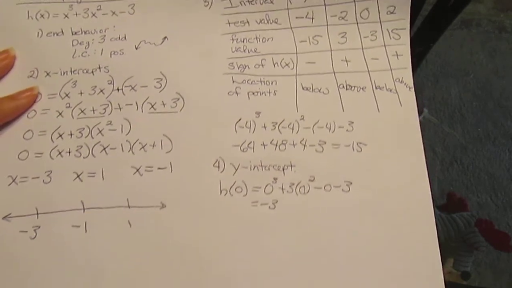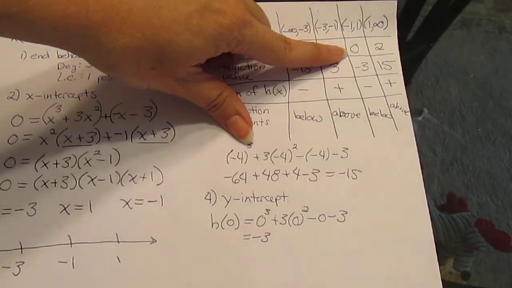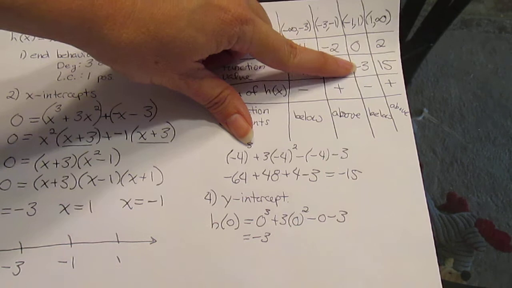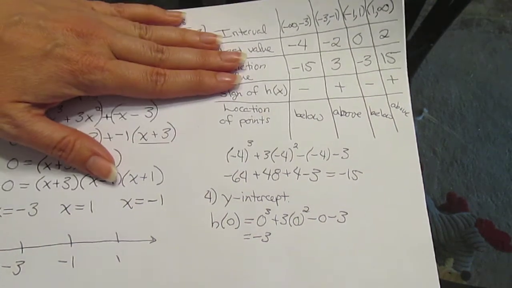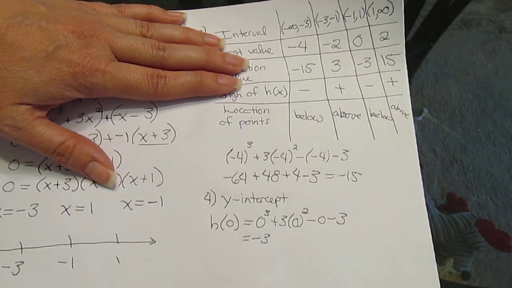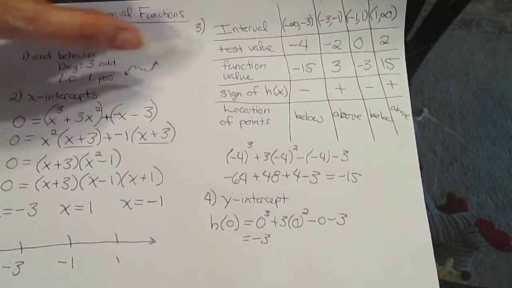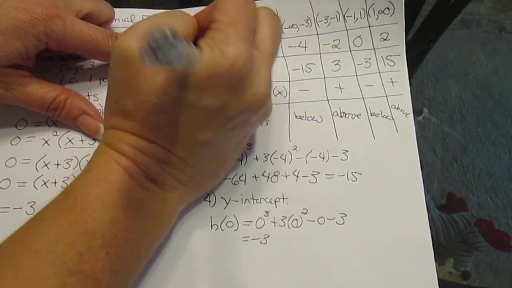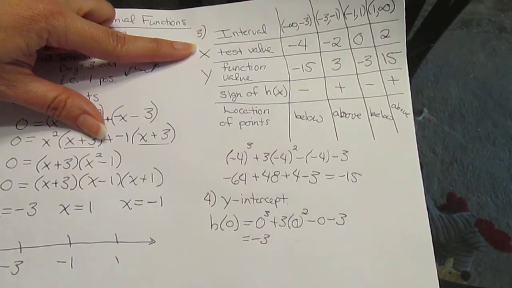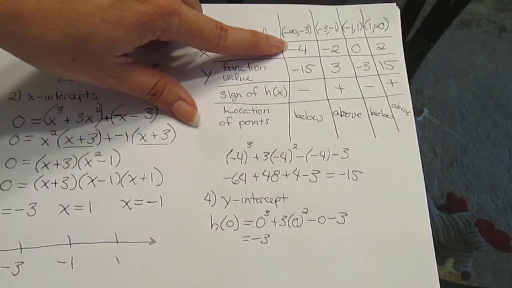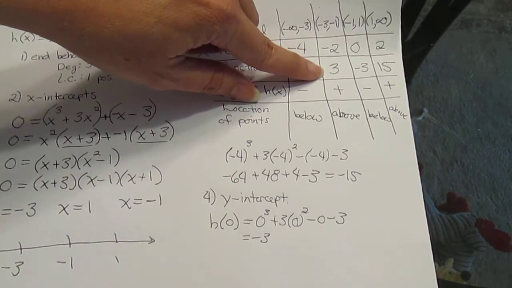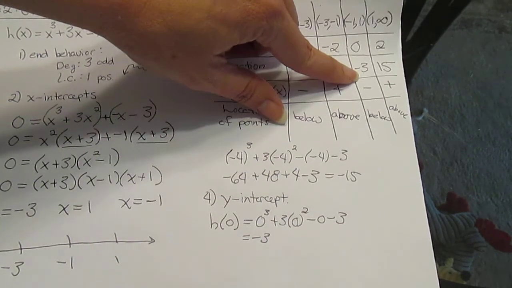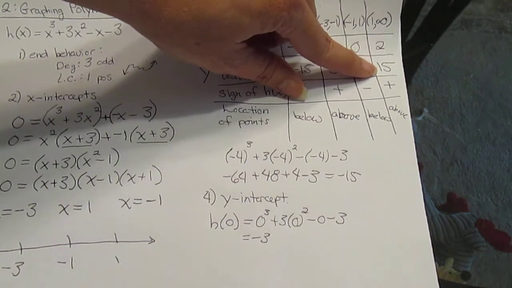Notice that we actually already have that point in our table up here as well. Okay, so this table is really helpful because it gives you the main points that will help shape your graph. This is your x value, and this is your y value. So we've got the points (-4, -15), (-2, 3), (0, -3), and (2, 15).